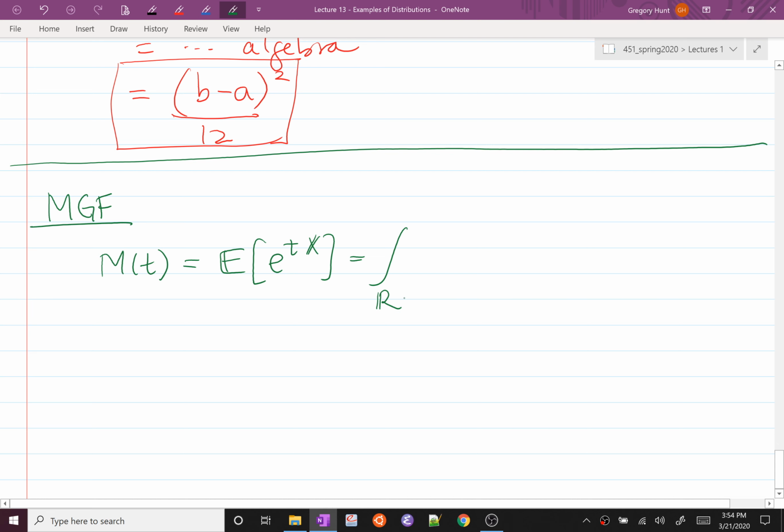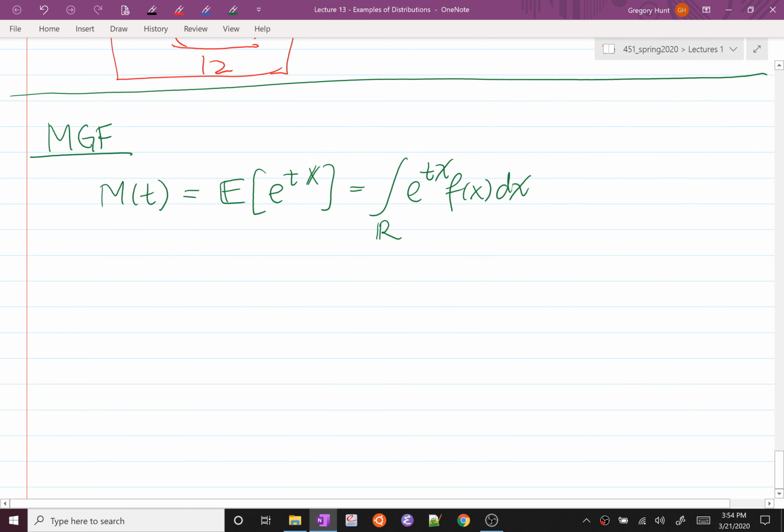By the law of the unconscious statistician, we can integrate e to the tx times f of x dx. Simplifying this, we can ignore everything not in the interval a to b because our density f of x is 0 there. In the interval a to b, our density f of x is 1 over b minus a. We have e to the tx still, and we integrate with respect to dx.